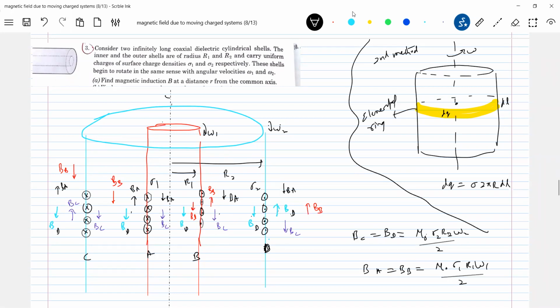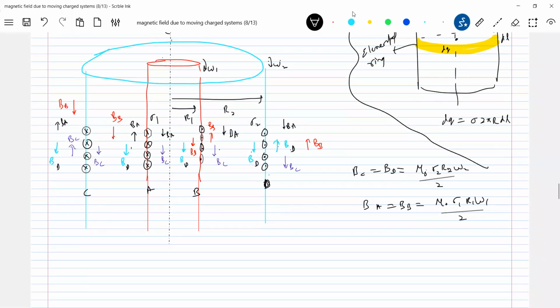Now, what about the field at distance R from the common axis? For R less than R1, R between R1 and R2, and R greater than R2. So first we'll go for R less than R1. What about the resultant field?